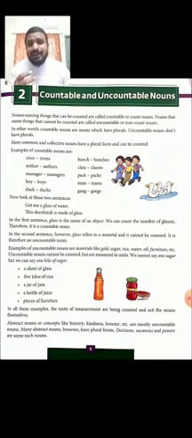We never say that. But instead, we use a few units of measurement in order to talk about the uncountable nouns. For example, 5 kilos of rice, a jar of jam, a bottle of juice, pieces of furniture.